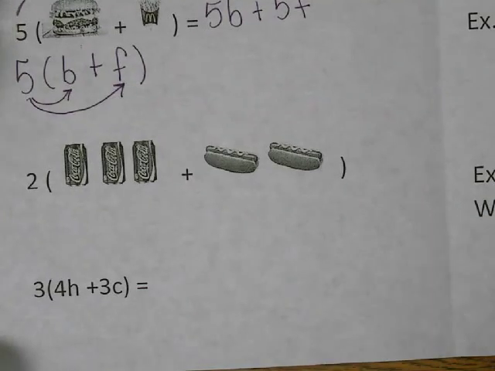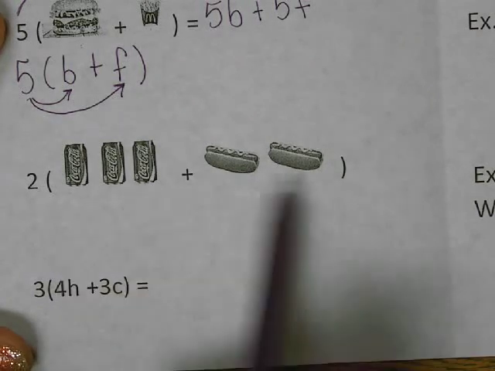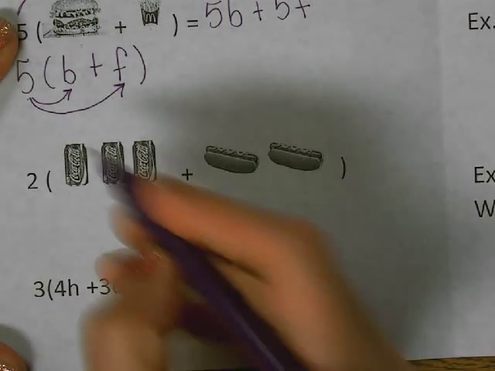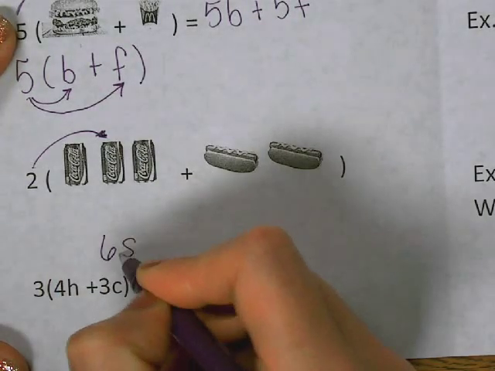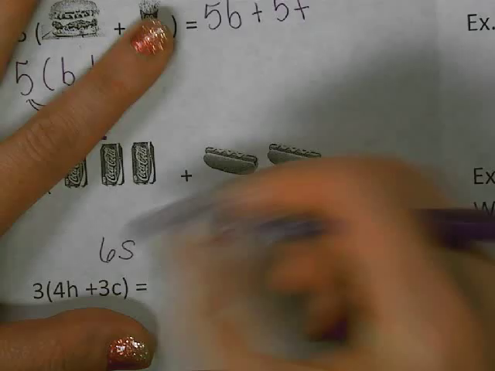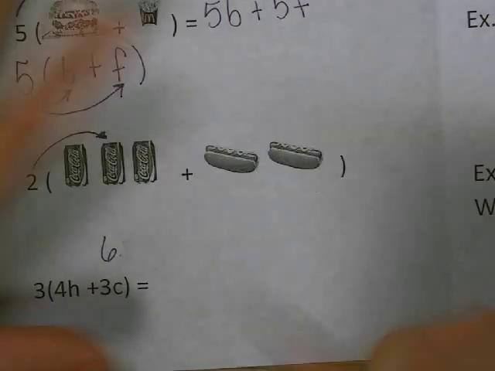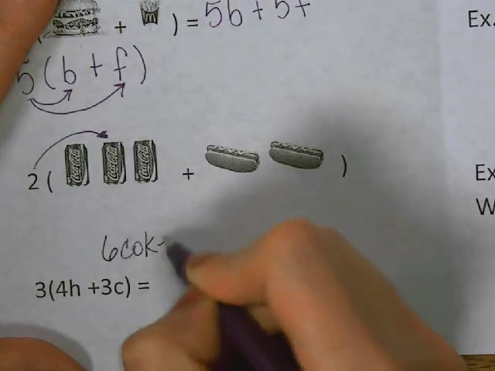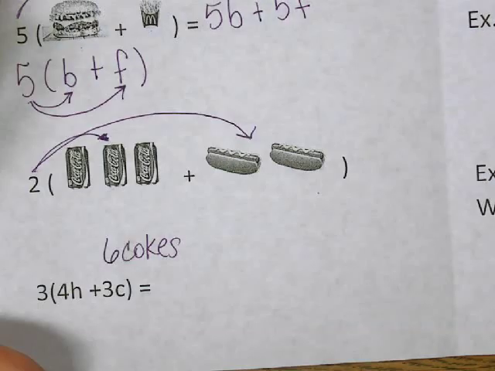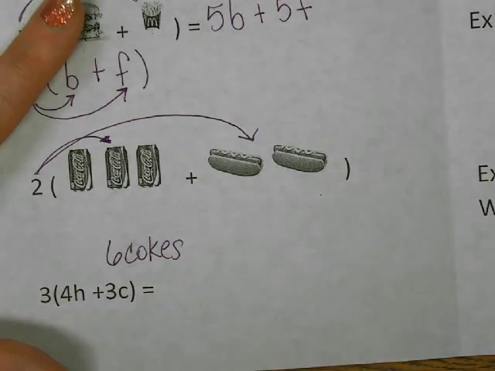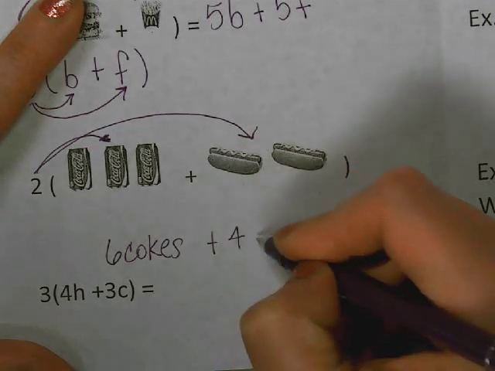Okay, and then down here we've got how many sodas and hot dogs would I need? Well, this is 2 times 3 sodas, so it would be 6 sodas, or 6 Cokes, let's put Cokes. And then 2 times 2 hot dogs, I'm going to need 2 groups of 2 hot dogs, or 4 hot dogs.